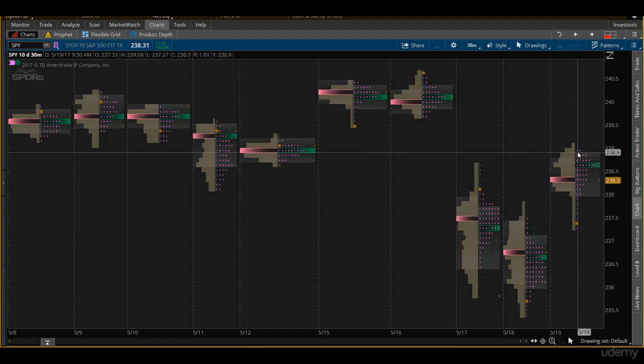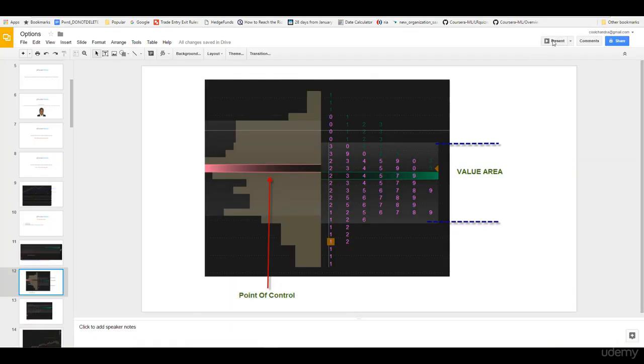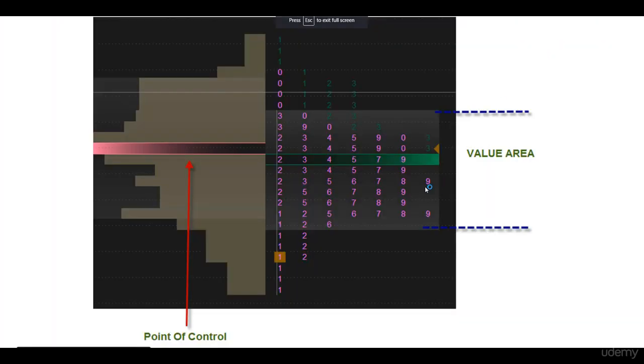In this, you notice there's a gray area, and let me just go to the slide again, that's easier to follow. In this, I have marked two important points. One is the value area. If you notice, there's a gray zone, and this gray zone is called the value area.